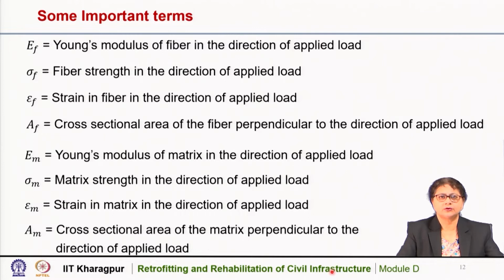There are some more terms. Similar notations are used for fibers as well as matrix. For example, EF is the modulus of the fiber in the direction of the applied load, and sigma F is the fiber strength in the direction of the applied load. Similarly, EM is the modulus of the matrix in the direction of the applied load, etc.